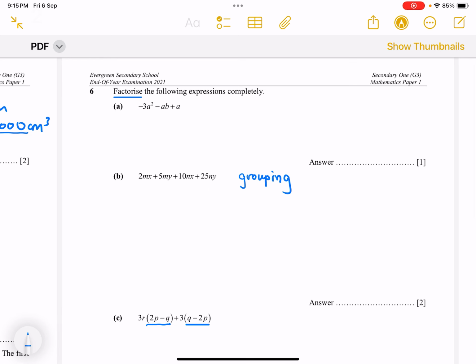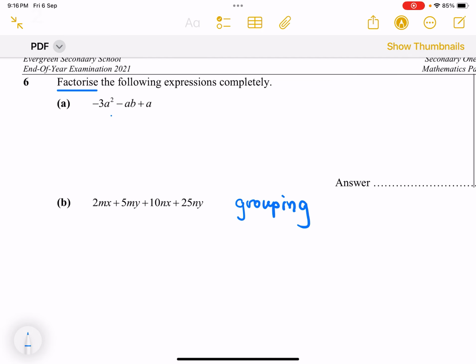Right, the next sum is on algebra, and here we have to factorize. Well, factorize means bring out the common factor. So here we see that a is common, so we bring out a, and that's all. The sign is also common. If there are more negative than positive, then we have to take out the negative. Right? So once we take out the negative, what is left is 3a.